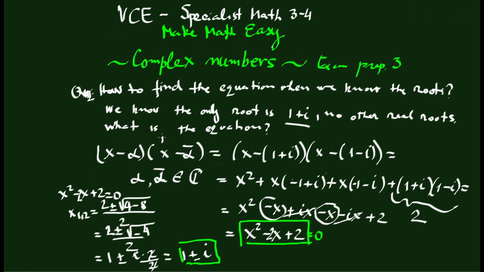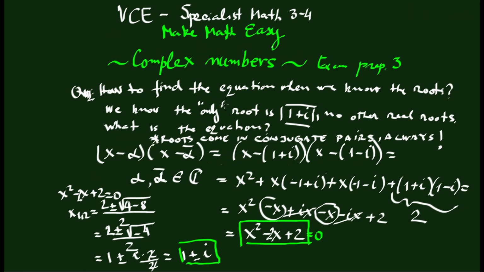So we say roots come in conjugate pairs. That's the most important. So whenever there's a root like that, there will be another root. Always. That's the point. You just put this under quotation marks, right? Because we know that conjugates exist.